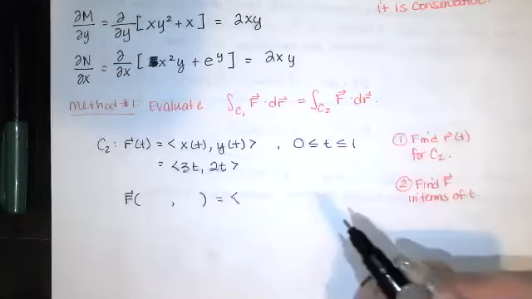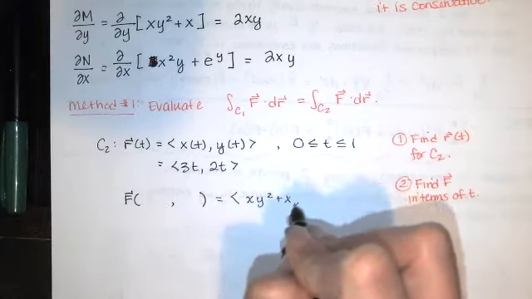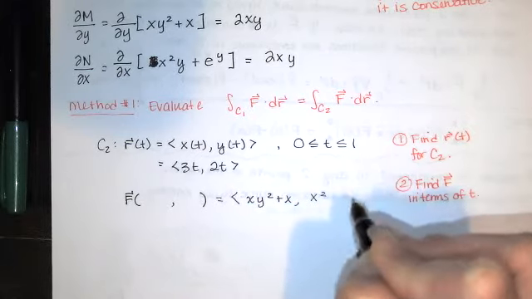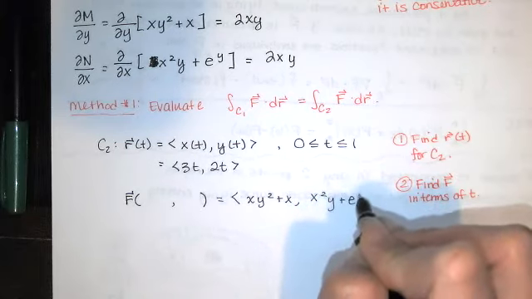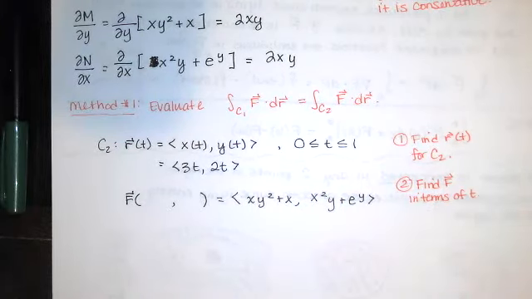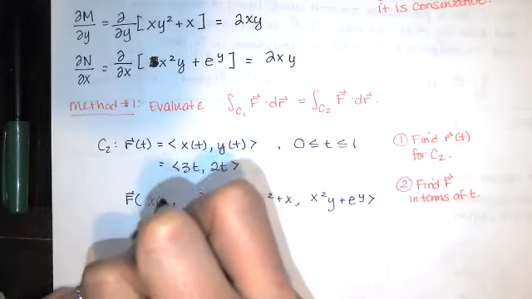My field was given by x squared y plus x, or xy squared plus x, and x squared y plus e to the y. And now I want to evaluate this at x of t and y of t.